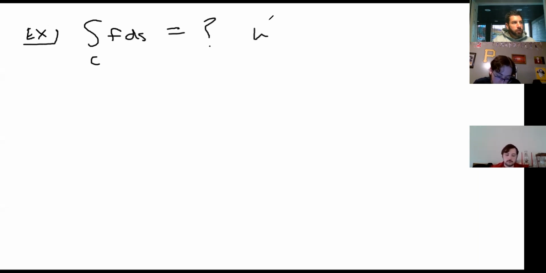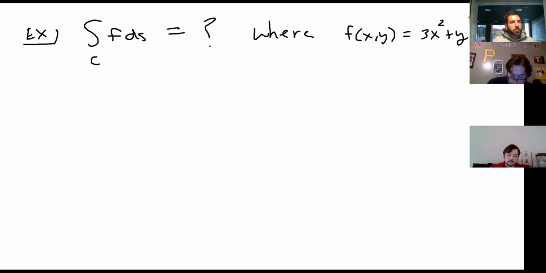So we have to give you a function. Let's say where f of x, y is 3x squared plus y squared.